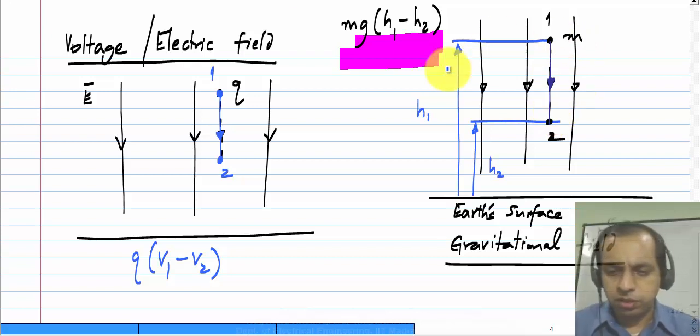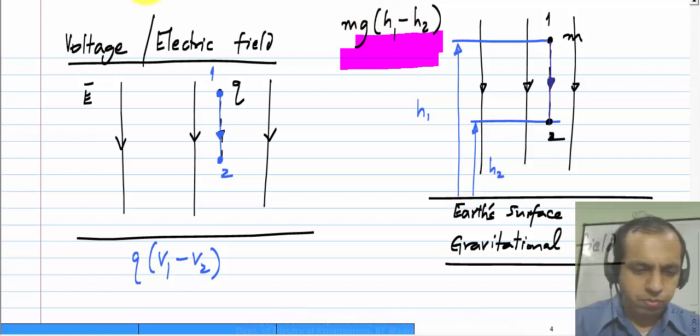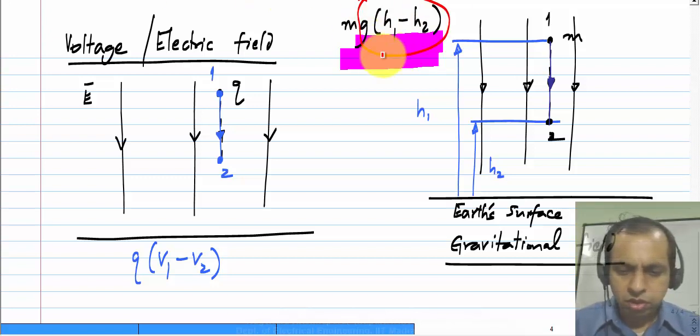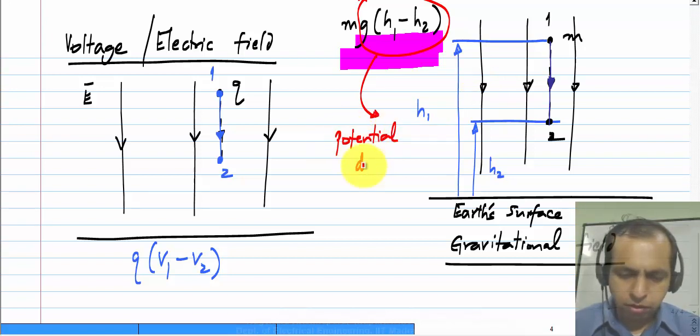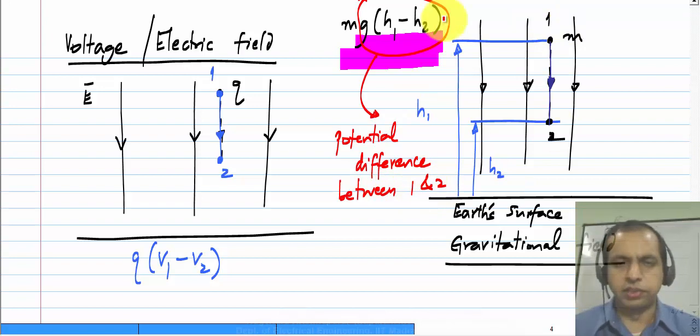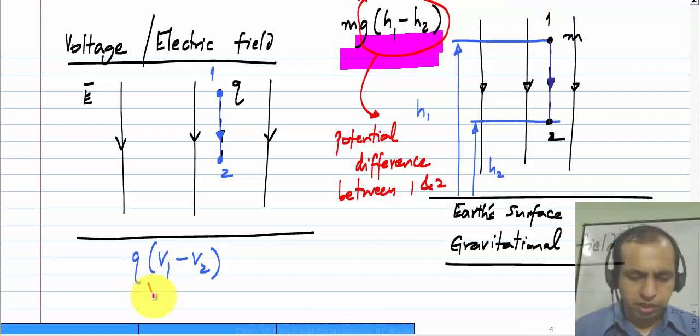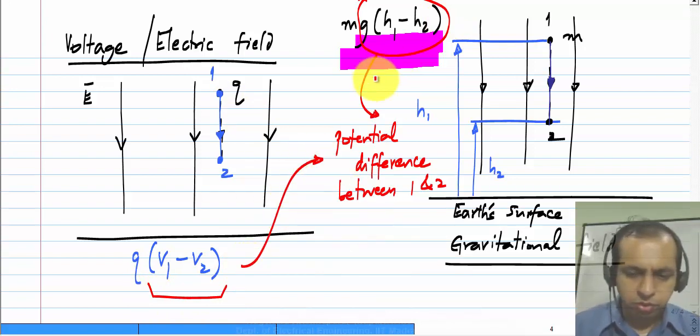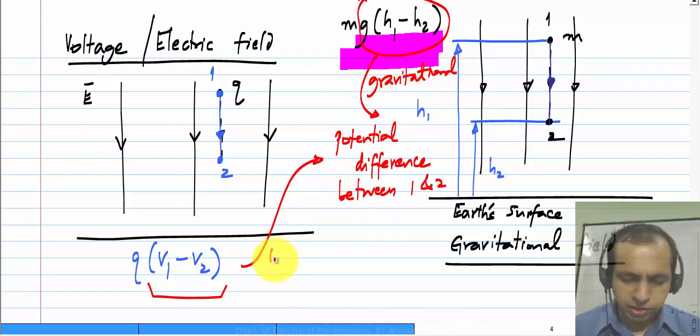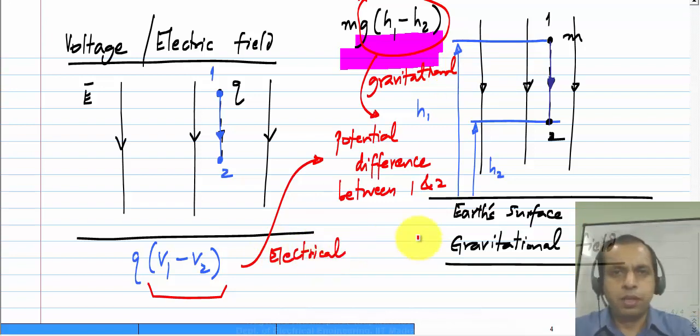So this g times (h1 - h2) is basically the potential difference between 1 and 2. Okay, so in this case it's the gravitational potential difference. Similarly, this V1 - V2 is also the potential difference between 1 and 2. This is the gravitational potential difference, and this is the electrical potential difference. Okay.